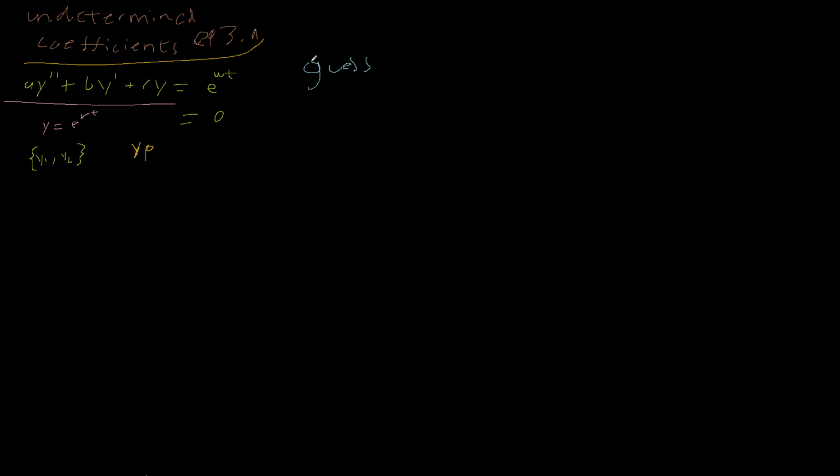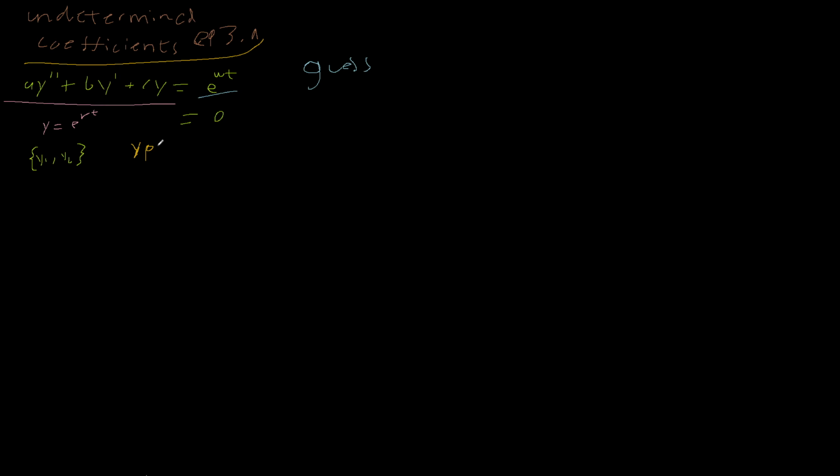We're basically making an educated guess of what our particular solution might look like. So how can we think about making these guesses? The first case is when we have an exponential function like this.